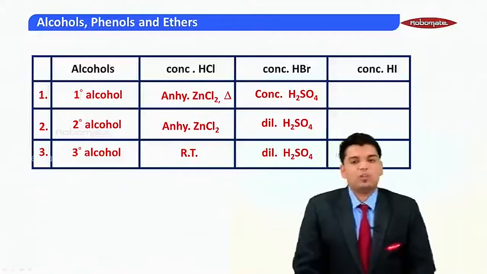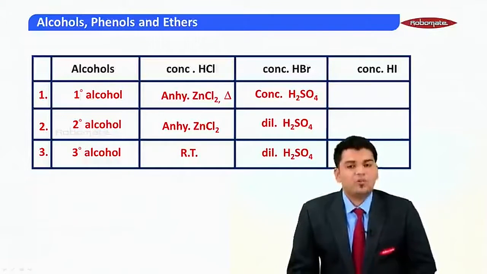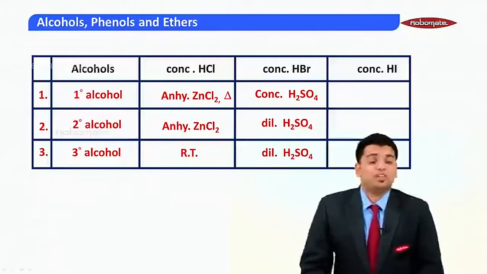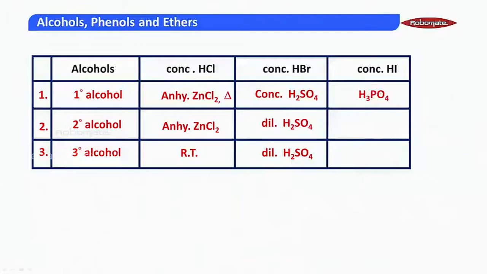Conc HBr on the other side requires conc H2SO4 for 1 degree, and dilute H2SO4 for both 2 degree and 3 degree. When it comes to HI, which is the most reactive, for 1 degree we require the presence of H3PO4, whereas for 2 degree and 3 degree no such requirement is used.